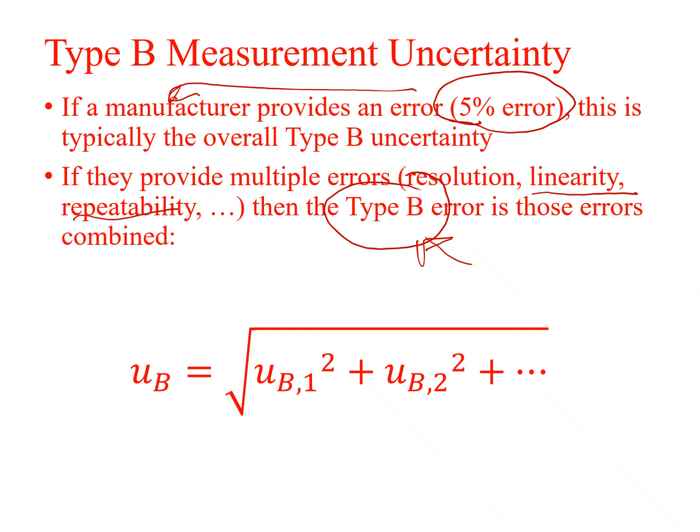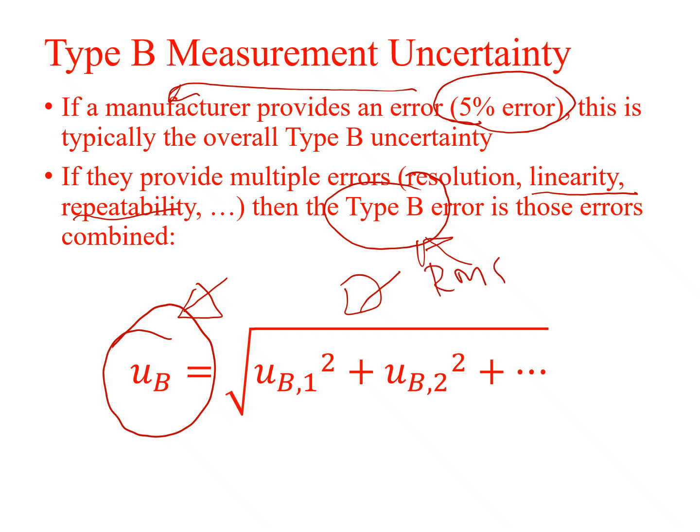Now if you want to find out the total value, then we use what we call the RMS method. So maybe due to resolution, this is the value squared, and then due to linearity, this is the uncertainty value, and you can have due to repeatability, you just square each, add together, and take the square root.